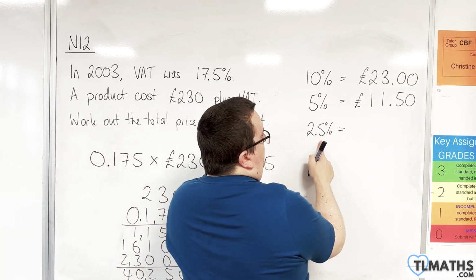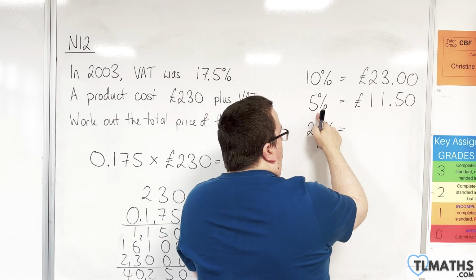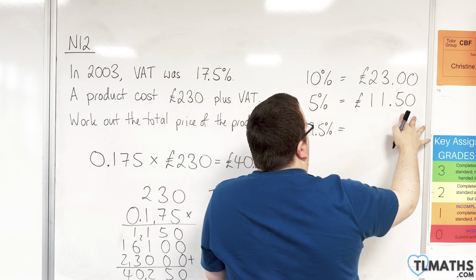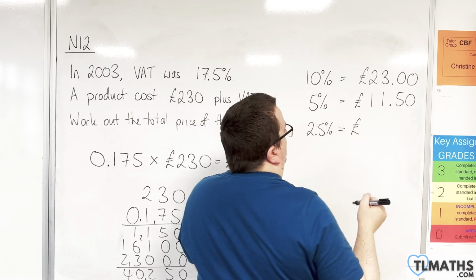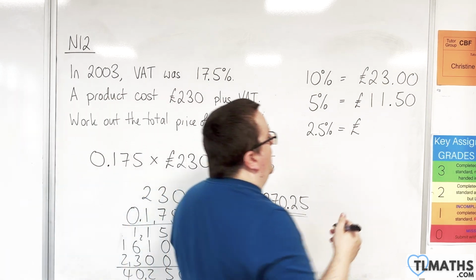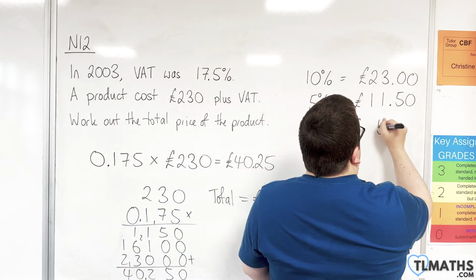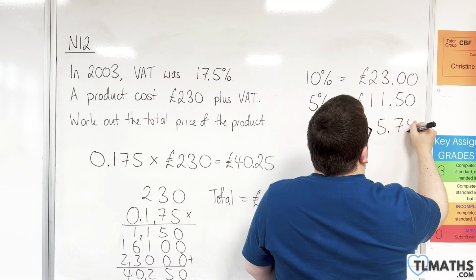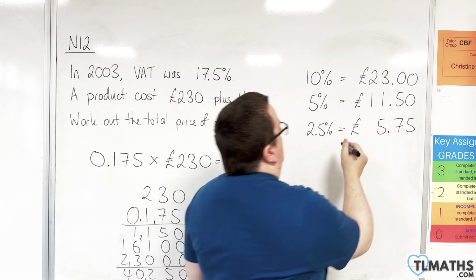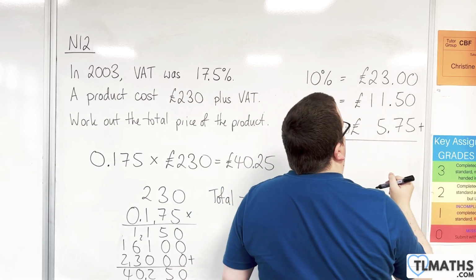And then 2.5% is half of the 5%, so 2.5% will be half of the £11.50. So I've got to divide that through by 2. So what's that going to be? That's going to be £5.75, I think. Okay, and then I add my three results together.